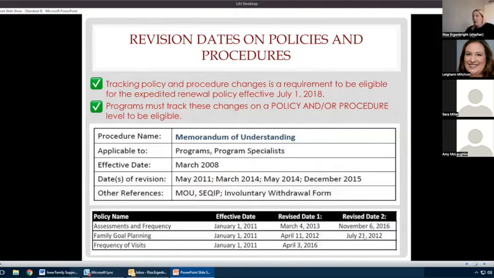I just need to be able to see that it's being done, and that there's some mechanism you have to track that, so that we can look at it. Because the reason it's important is that in an expedited renewal, one of the things included in the review is any policies or standards related to policies that have been updated since the last peer review or last renewal.